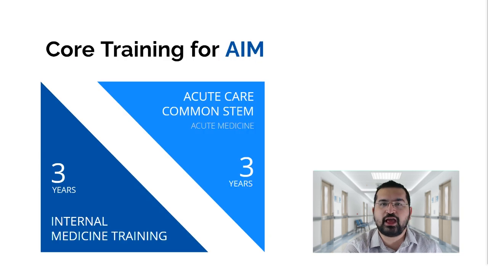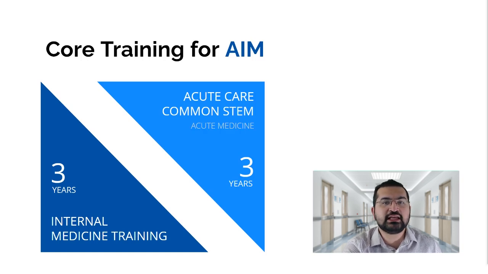For acute internal medicine, there are two core training modules, and you can take either of them. If you take internal medicine training, that gives you a window to join a lot of other medicine specialties, whereas the other core training module is called Acute Care Common Stem, ACCS in short form.